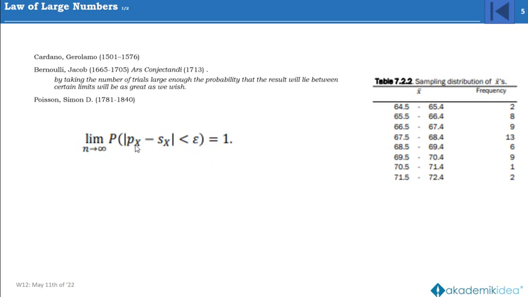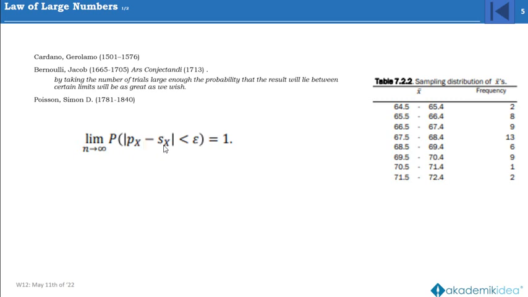It says simply that the difference between the parameter of a variable x and the sample statistic related to this parameter, the difference in absolute value, the probability of the error of estimate.